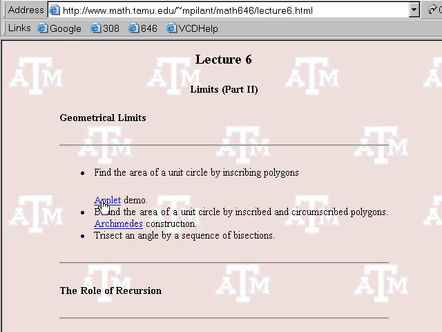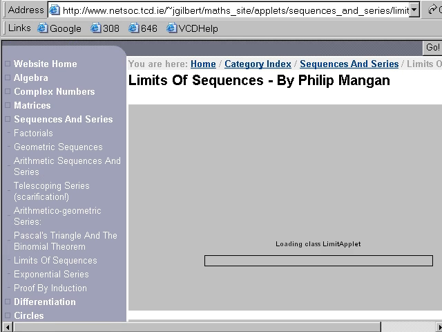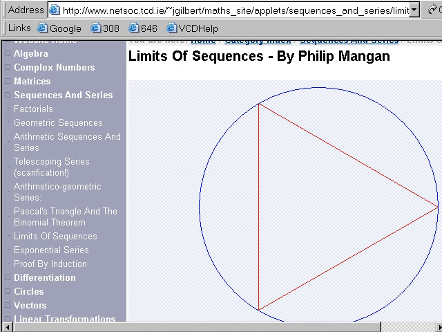Okay, so the first part I'd like to do is just click on this applet demo. Hopefully these applets will run without too much trouble. If they take too long to load, I'll pause. Looks good.